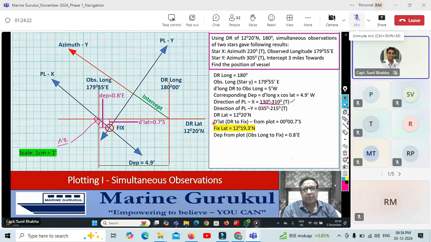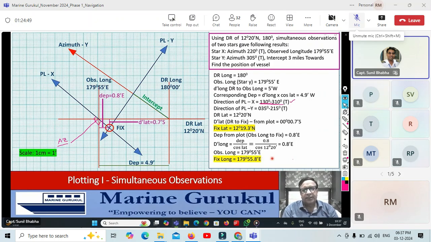We have the departure of the fix from the observed long, which is 0.8 minutes east. We convert this departure into D long. So D long comes to 0.8 minutes east. That means the longitude of the fix is 0.8 minutes east of the observed longitude, the observed longitude being 179 degrees 55 minutes east.